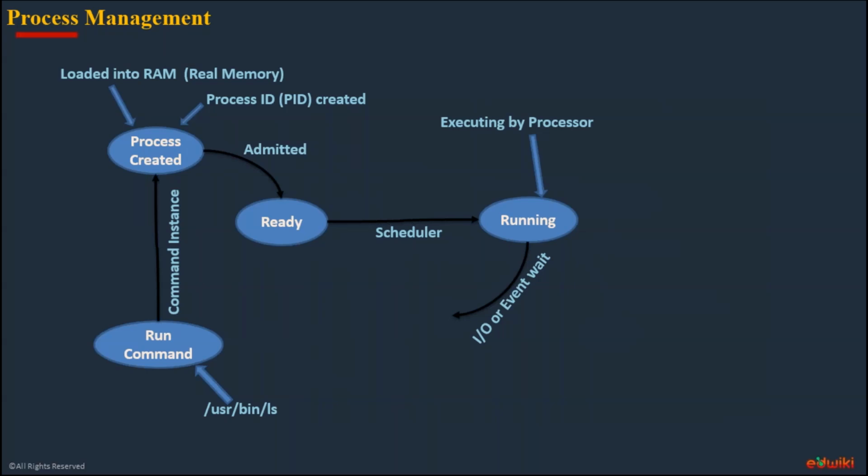So if the process is waiting for something, it is put into the waiting state. The waiting process is put back into the ready state after some time, and again it gets scheduled for the CPU turn. That is how the cycle happens while the processor is executing the processes.